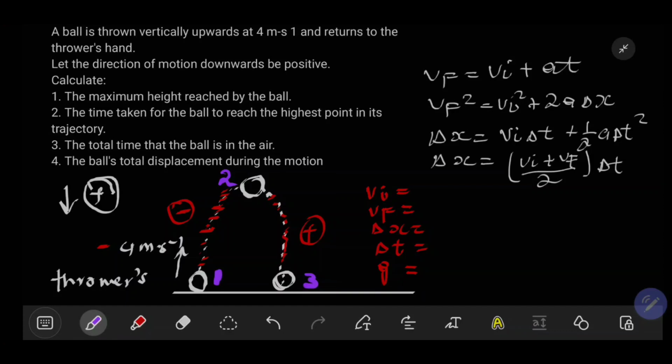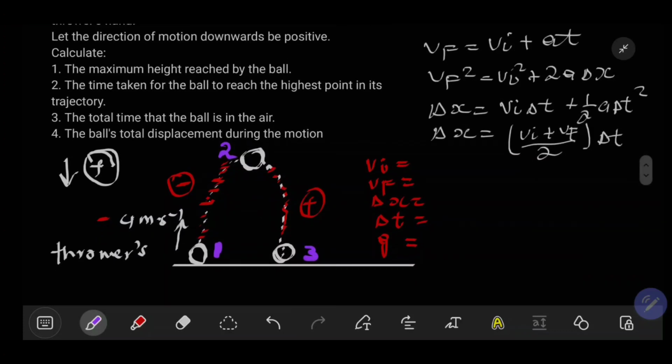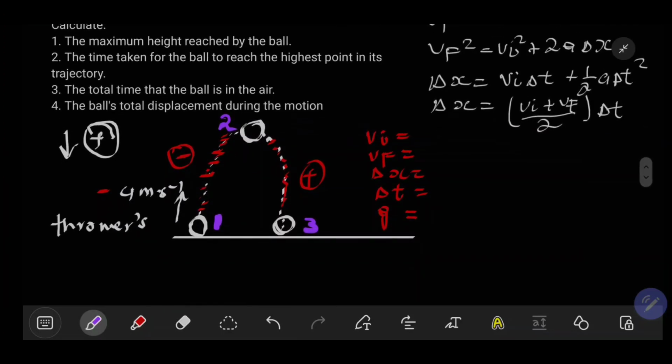So to calculate the maximum height of this ball, we have to consider the path from point one to point two, because it was thrown here and then at point two it reached the maximum height. So we can do our data looking at this path from point one to point two.